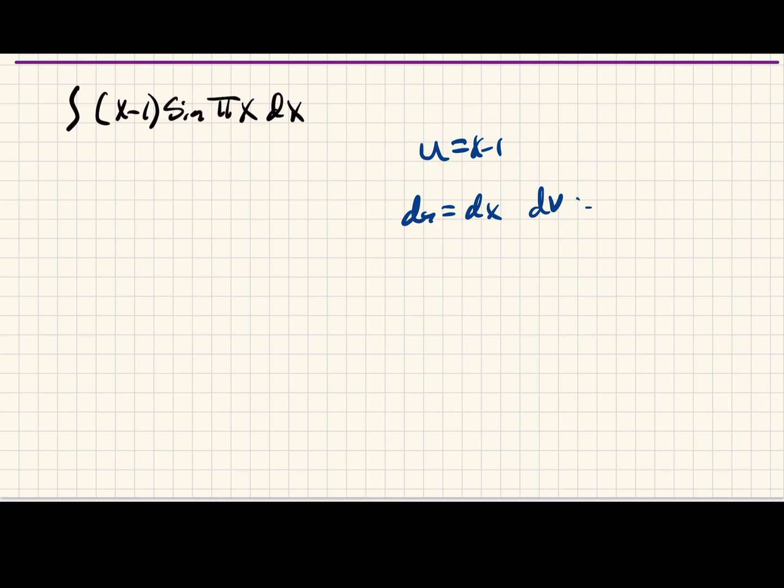So if u is going to be x minus 1, then dv is going to have to be the rest of it, right? Sine pi x dx? But it doesn't get more complicated for me to integrate that. What would the integral of that be?